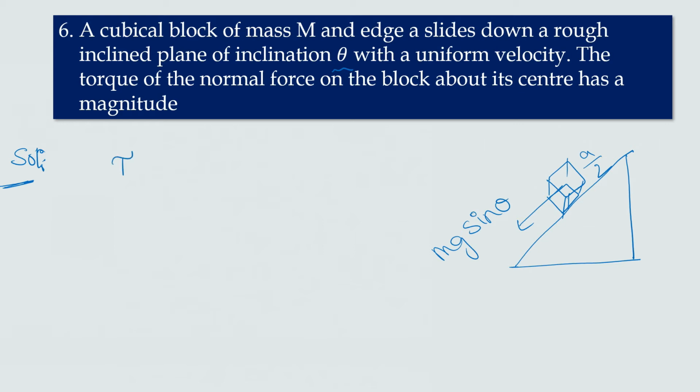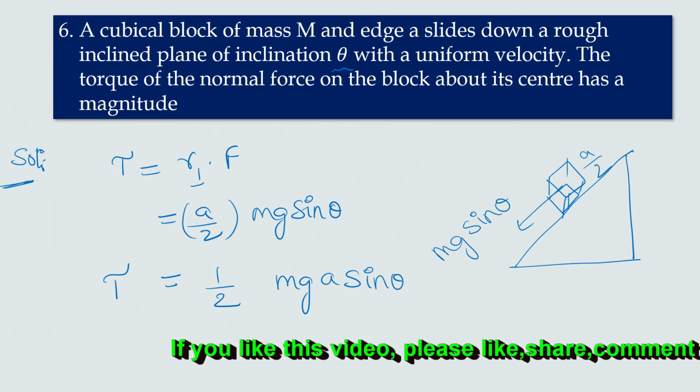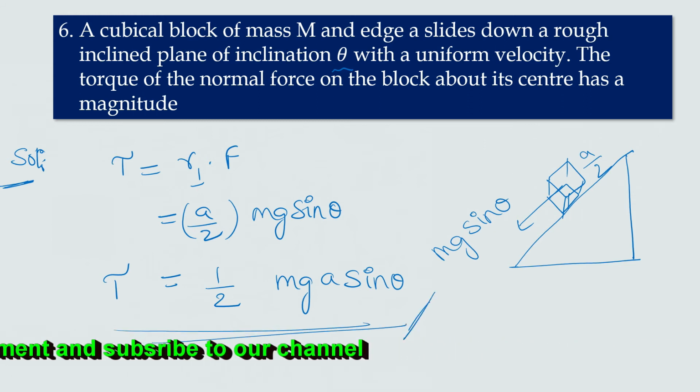Now tau is equal to r into F, that is a by 2 into mg sin theta, so tau is equal to 1 by 2 mga sin theta. This is the torque of the normal force on the block about its center. This is the final answer.